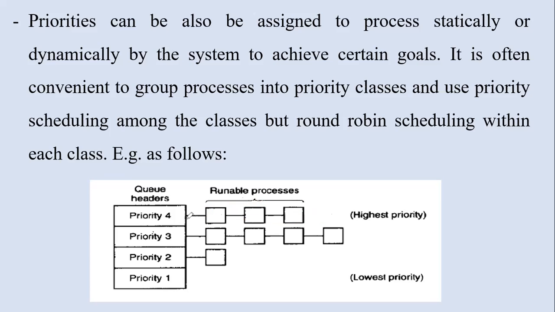So when all the processes arrive in the system, they are first of all categorized in various queues based on their priorities. Those with a similar priority are put in one queue. Those with the next priority are put in the next queue, in that order. And then the processes in each queue will be attended to based on the order of arrival.